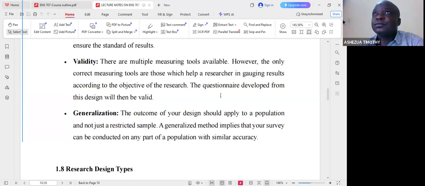So when you are conducting a research, if I'm looking at the three zones in Benue State, if I take a sample in zone A, a sample in zone B, a sample in zone C, the result of this sample analysis, I should be able to generalize it to the entire population at the end of it. And that is why even the sample you are considering should be reasonable.